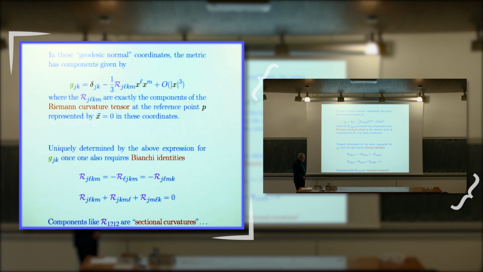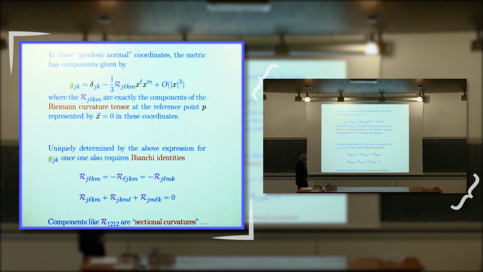Now, in general, these depend on 4 integers from 1 to n. The convention, though, is, for example, this is antisymmetric in exchanging j and l, and antisymmetric under exchanging k and m, and then there's a less obvious so-called Bianchi identity.